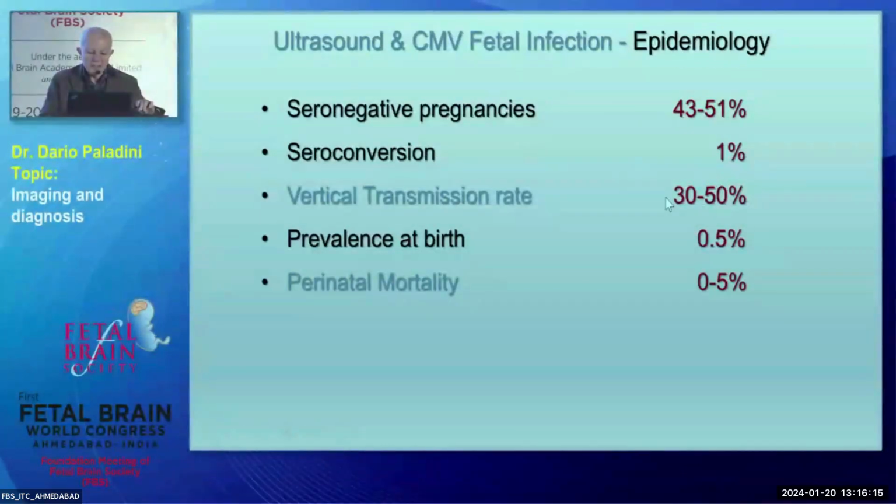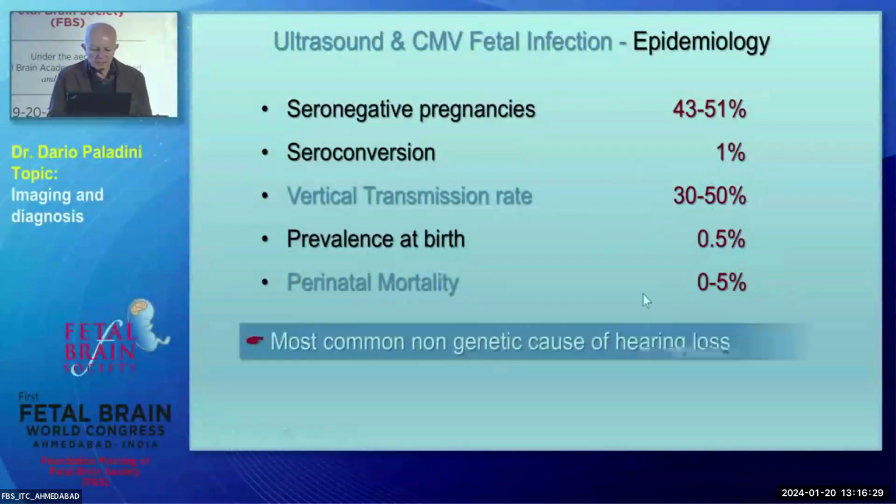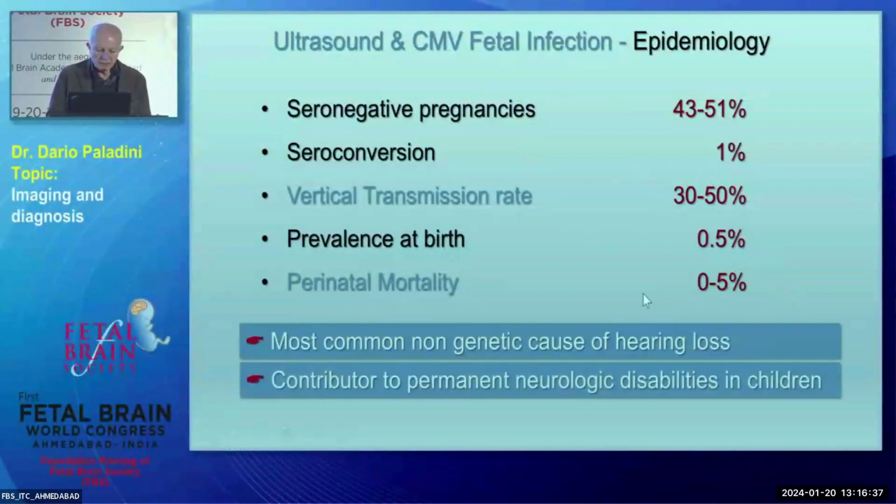You have 1% of seroconversion in pregnancy with 30 to 50% vertical transmission rate, a prevalence at birth of 0.5%, and a perinatal mortality which so far has been rated at within 5%. Notably, CMV is the most common non-genetic cause of neurosensory hearing loss, and also a contributor to permanent neurologic disabilities in children.